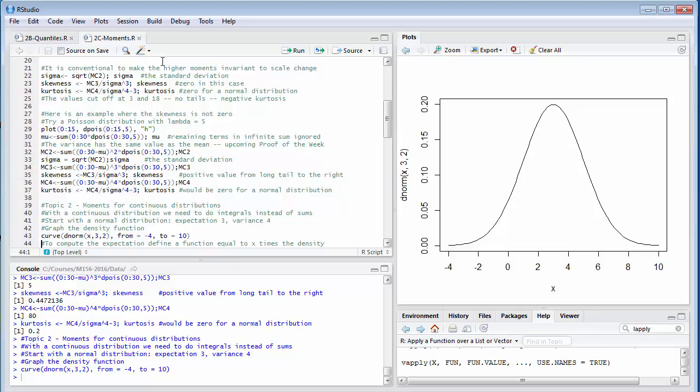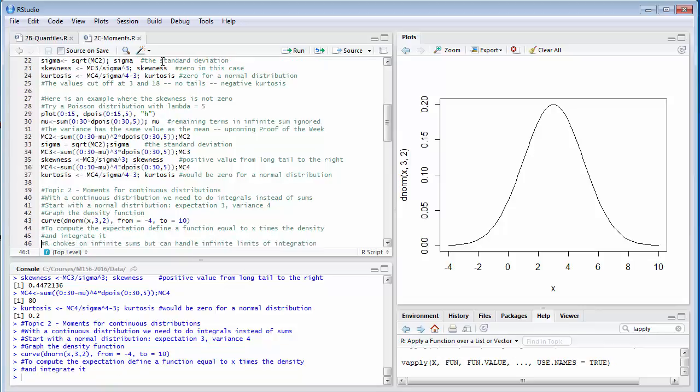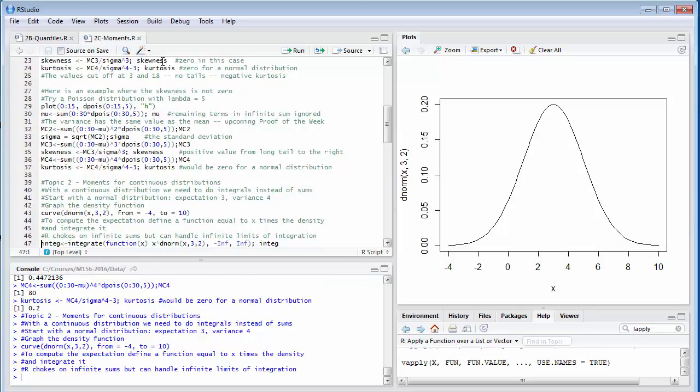And to compute the expectation, I have to define a function equal to x times the density function and then integrate it. For some reason, R is perfectly happy with infinite limits of integration. Now the syntax of this is a little bit tricky. I'm calling the R function integrate. Integrate wants a function, and specifically it wants a function of x.